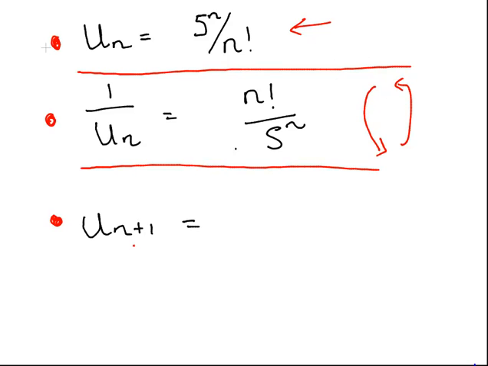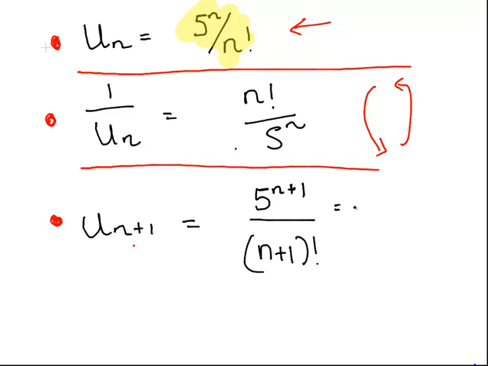Now, the next part is u of n plus 1. Where I have an n, I'm going to replace it with n plus 1. So 5 to the n becomes 5 to the n plus 1, and n factorial becomes n plus 1 factorial.